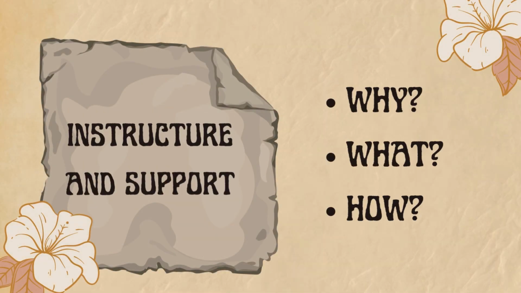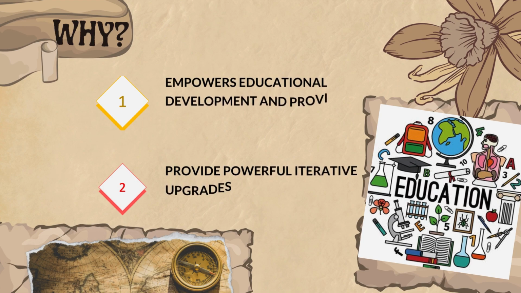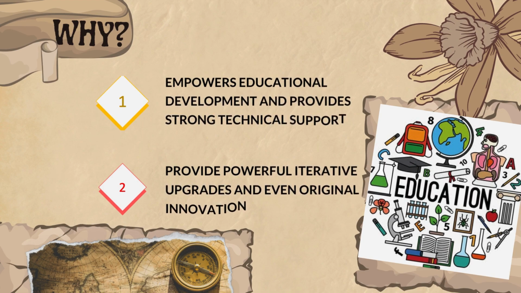In the next part, we will share with you about the infrastructure and support. So, why do we need to provide infrastructure and support? For one, the new generation of information technology empowers educational development and provides strong technical support for educational reform and innovation.